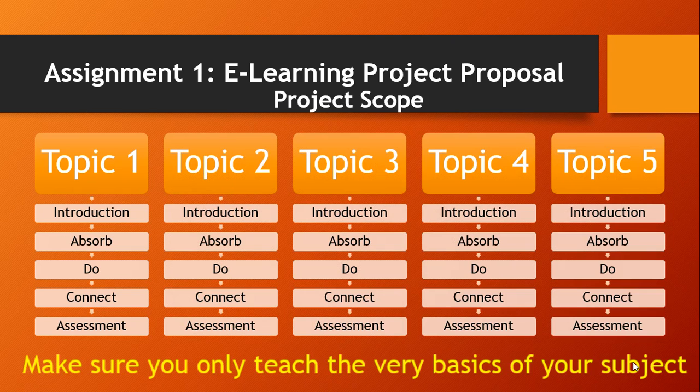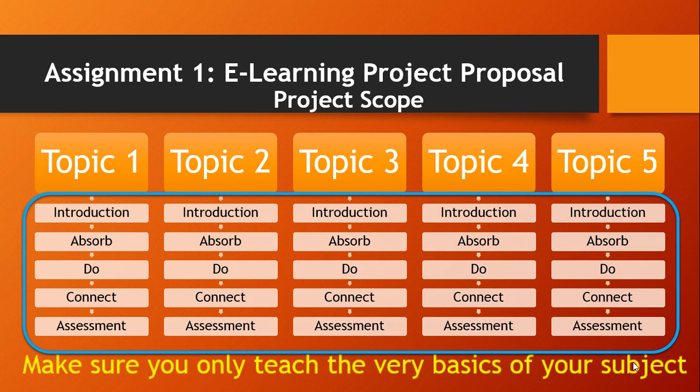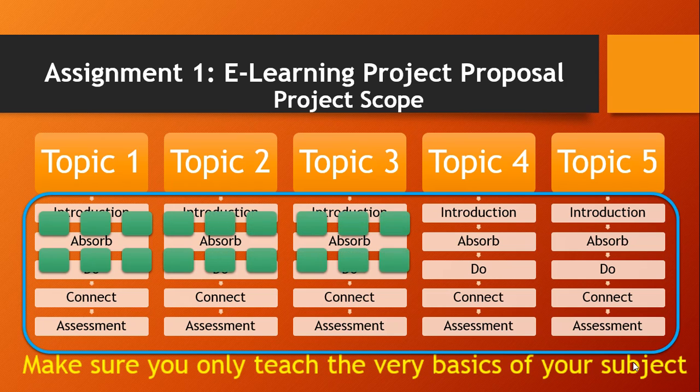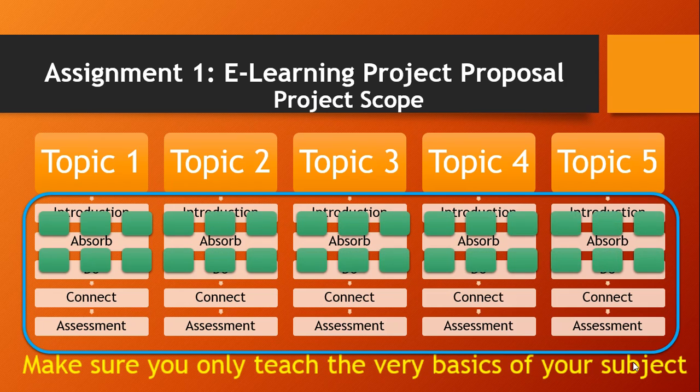Right here, if you divided that into separate screens, you would already have 25 screens or 25 pages to deal with. This is already bordering on difficult to manage for the 5 or 7 weeks that we have available. Now, if on top of that you keep your topic at a complex level, so that you would have to include more than 1 screen just for presenting the information, and that would happen to each one of your topics, then you would end up with many more screens than this, and it would not be very manageable for you.